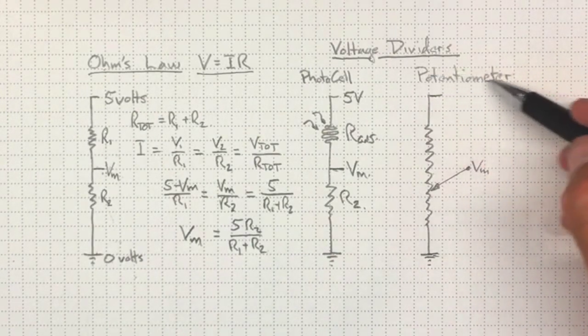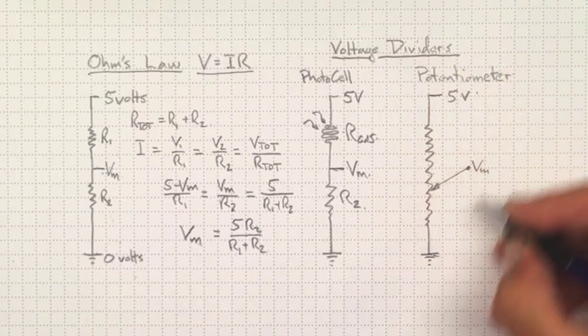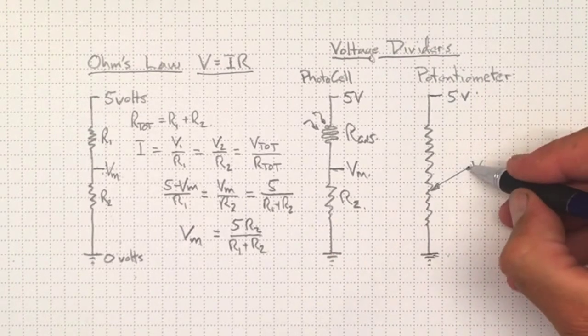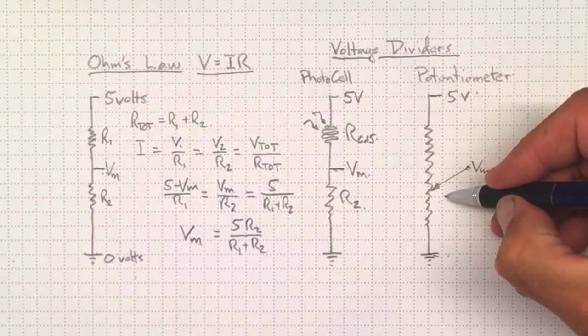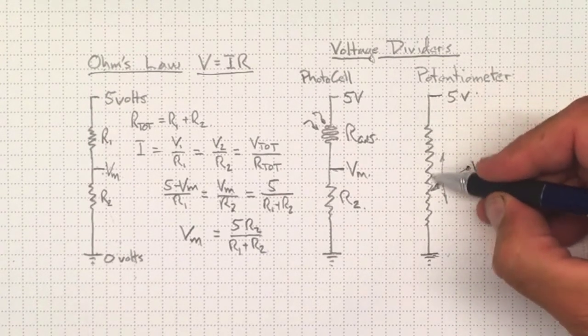Likewise, if we put a potentiometer in our circuit and put 5 volts on one side and 0 volts, ground, on the other side, then the middle pin on that potentiometer is the wiper pin, and basically it's moving back and forth along that resistance.